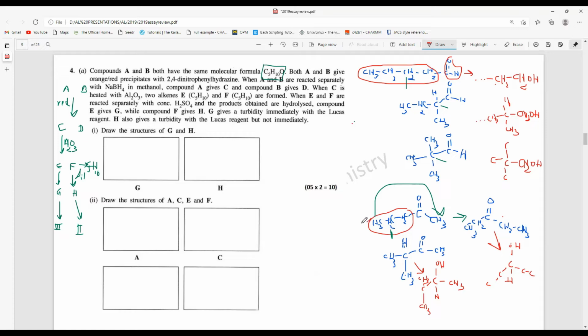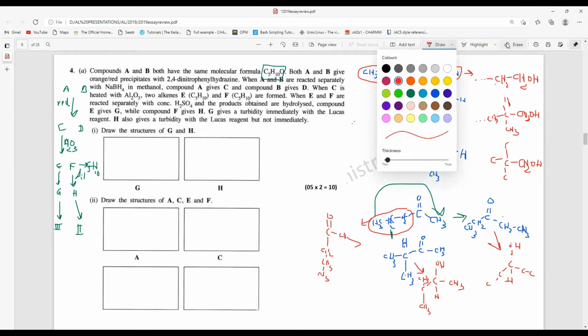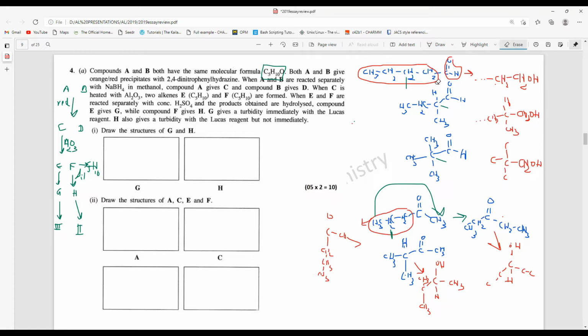This one again would have CO, CH3, CH2, CH2, and CH3. Here this is converted to OH. OH and hydrogen.